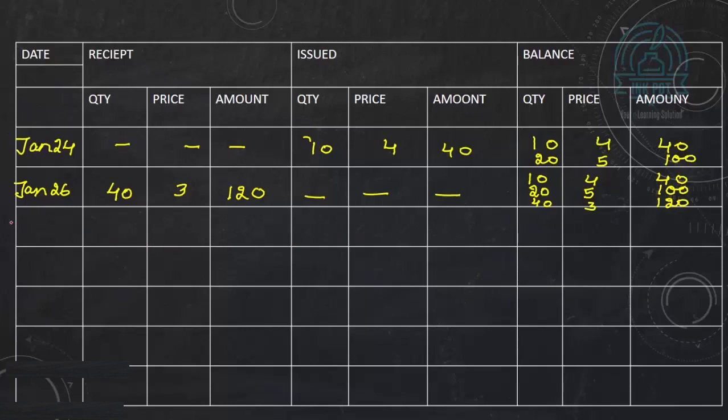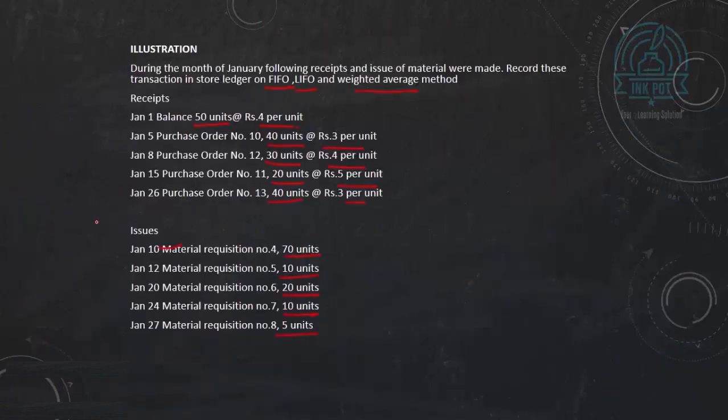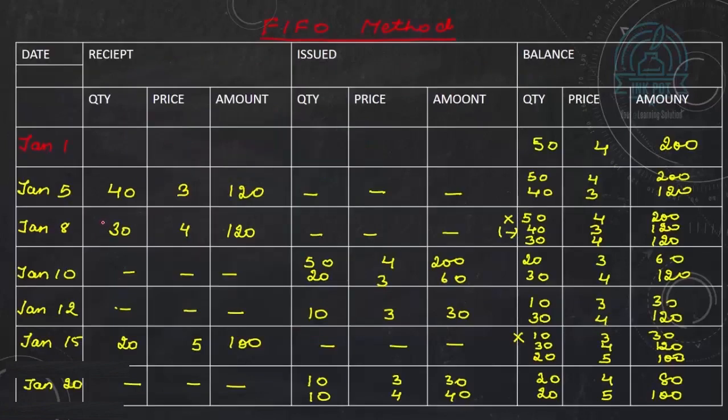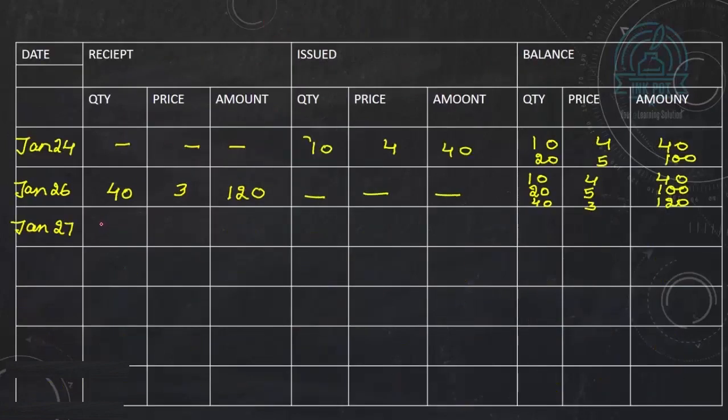Then we move on to Jan 27, which shows shortage of 5 units. So shortage of 5 unit is treated equally as issued. So the treatment of issued and shortage is same. So I'm writing here, nothing is being received.